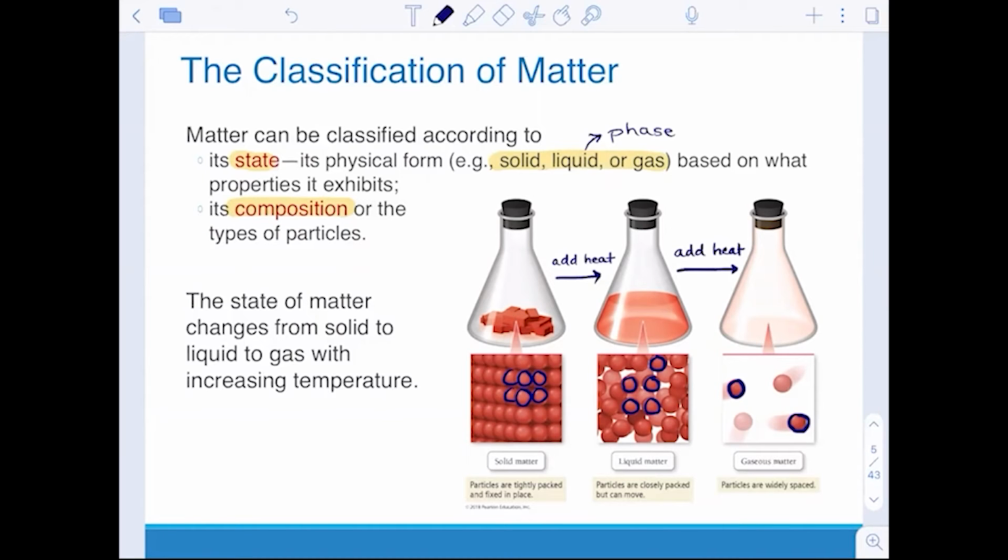So I like this picture because not only can we start to see the particulate diagram right there with the packedness, but we can see that solids have a very concrete shape and a concrete volume. Liquids tend to take the shape of their container, but they're at least a fixed volume. And gases just spread out as much as possible.